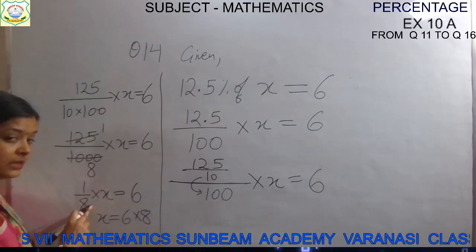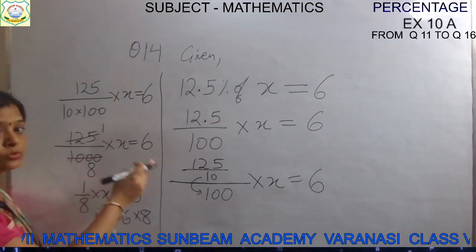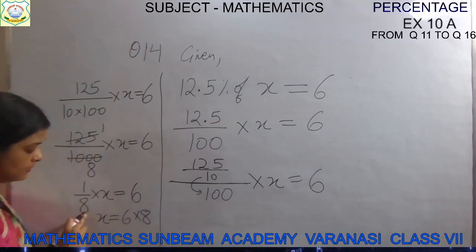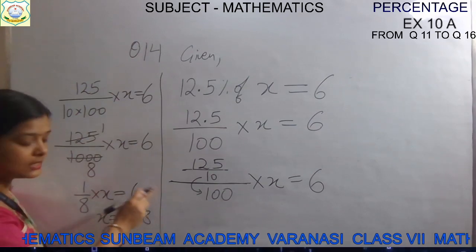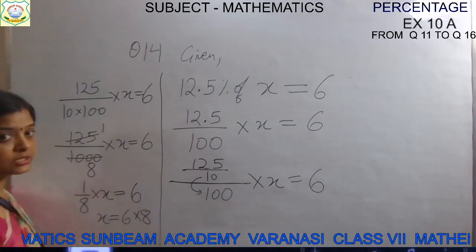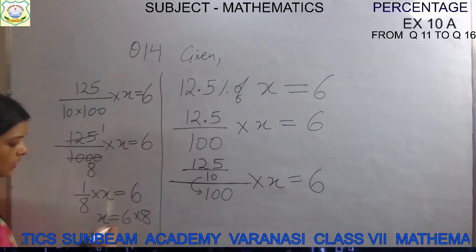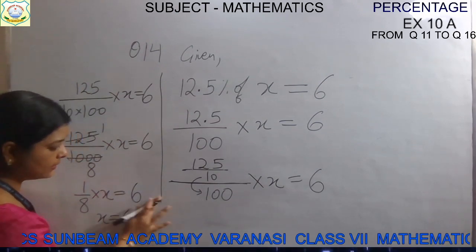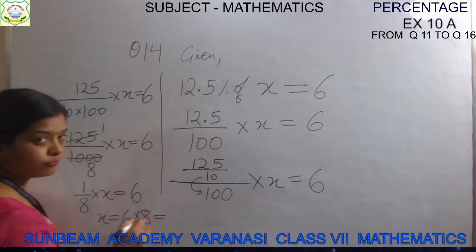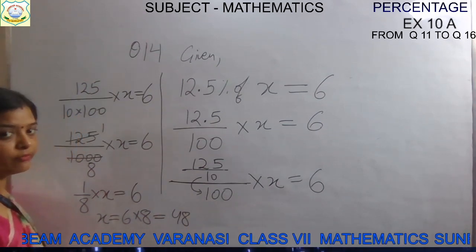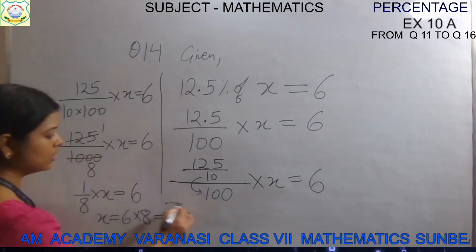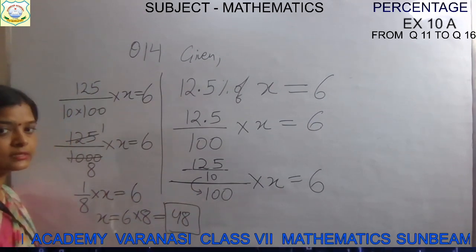Whatever number is with x will be transposed to the other side. It is in the denominator, so when it transposes to the other side, it will go for multiplication in the numerator. Now what will be the value, children? 6 8s are 48. So the value of x is 48.